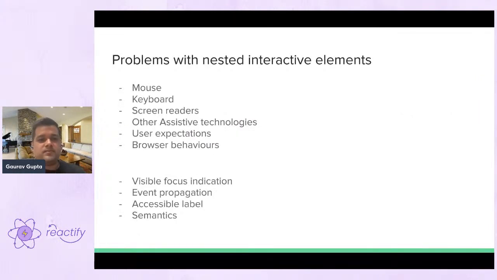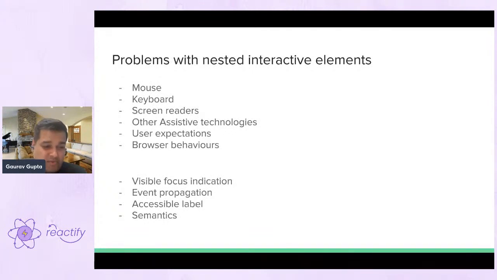In terms of problems that we get into with nested interactive elements, there are problems applicable to mouse users, and problems applicable to keyboard users, screen reader users, and even other assistive technologies that we do not use on a day-to-day basis. Then there's a problem of user expectations. Even if you create an element which has some kind of nested interaction, since the user has not seen any such elements in the wild or in any known applications that they use, they wouldn't really understand by default how to use a certain interaction, right?